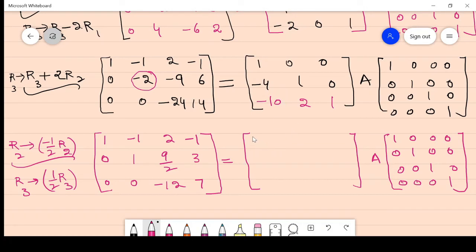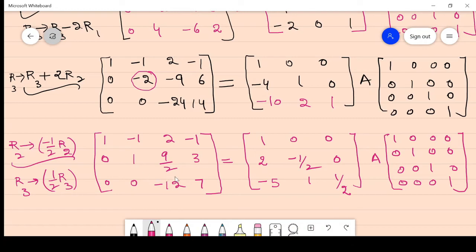So first is the same, 1 0 0, then multiply by minus 1 by 2, so it will be 2, minus 1 by 2 and 0. So this is multiplied by 1 by 2, so this will be minus 5, 1 and 1 by 2. So we get this matrix.